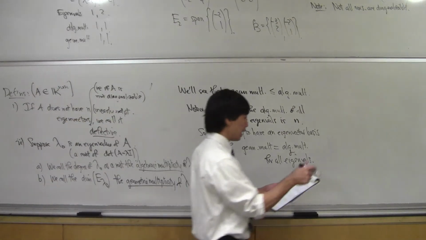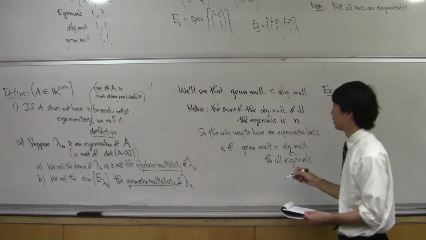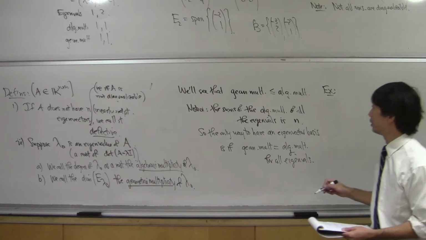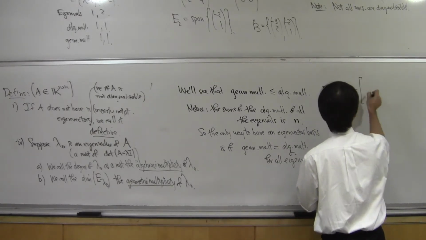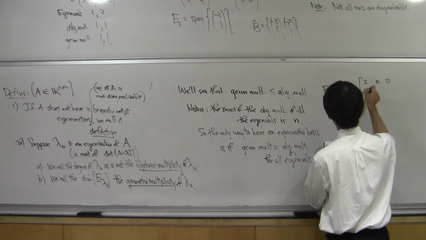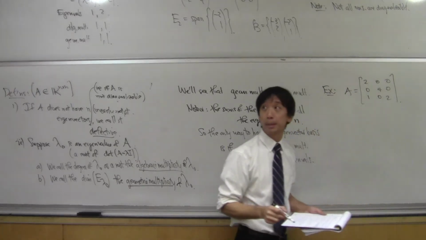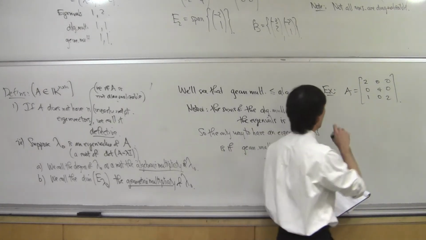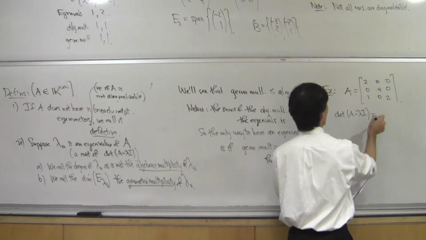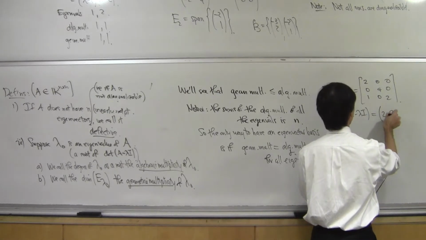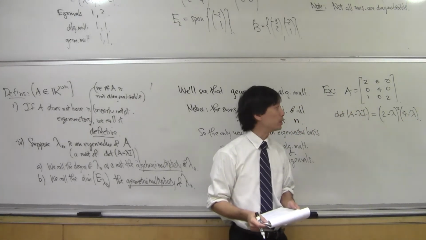Okay. So let me give an example. If we consider the matrix 2, 0, 0, 0, 4, 0, 1, 0, 2, and look at the characteristic polynomial, you see immediately that it's (2 minus lambda) squared times (4 minus lambda).